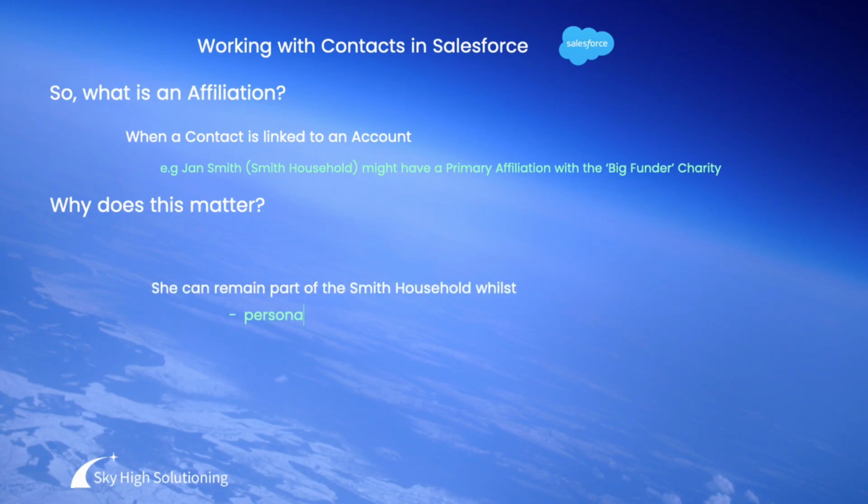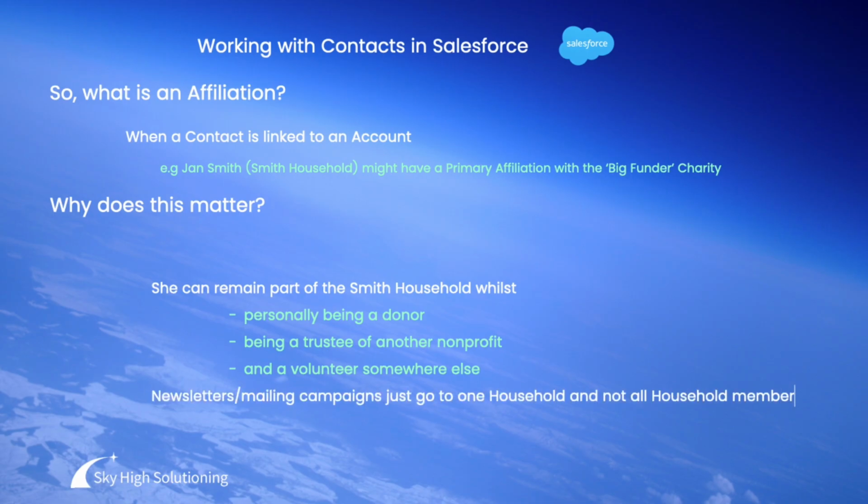Well, Jan will remain part of the Smith household whilst personally maybe being a donor, whilst being a trustee of another non-profit, and a volunteer somewhere else. The important thing is that by having households, newsletters and mailing campaigns just go to one household and not all the household members. Each member of a household can have an affiliation with other organizations, with multiple organizations.